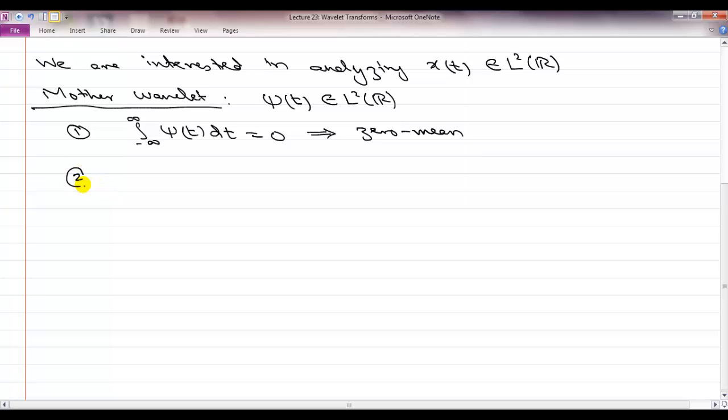The second is the usual requirement that we put on any basis function, which is that we will work with a unit energy mother wavelet.